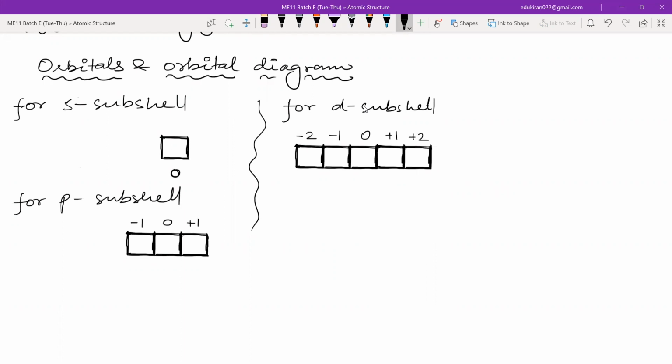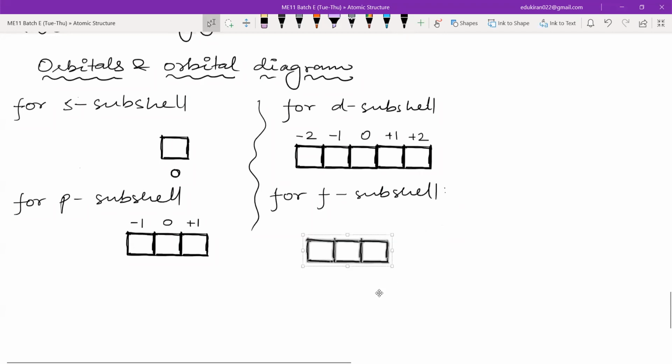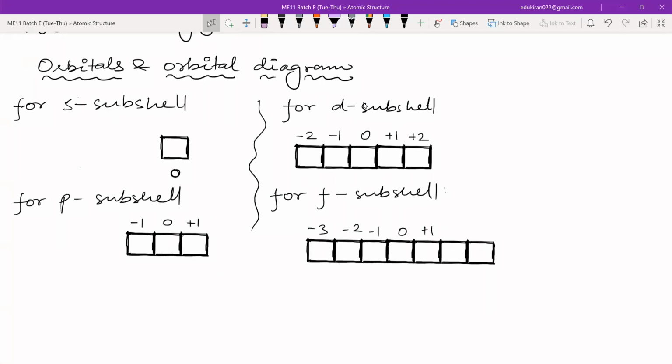Similarly, for F, we have 7. Start with -3, -2, -1, 0, +1, +2, and +3.